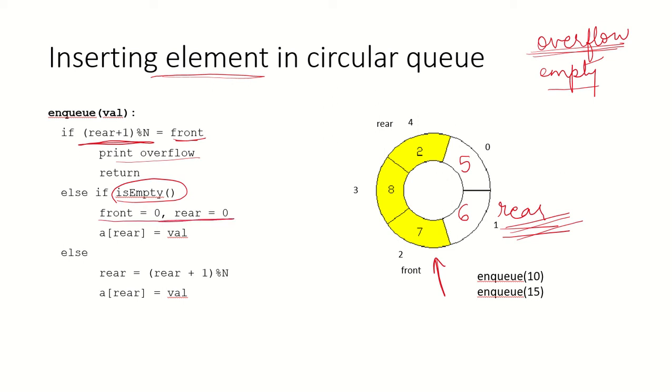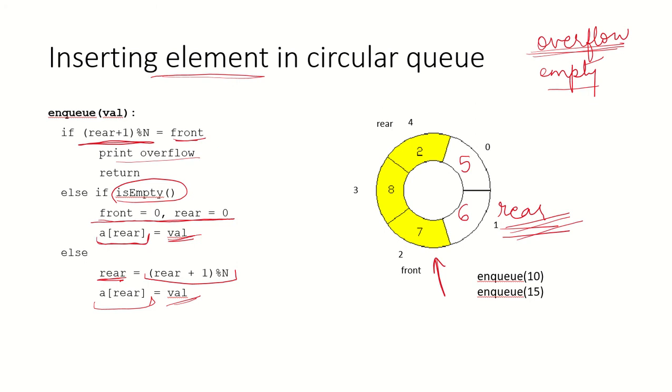Front and rear both are initialized to 0, and at the subscript of rear we add the element that we wanted to insert. Else, if there is at least one element already present in the queue, we simply increment the rear to the next position. And what is the next position? Rear plus 1 modulus n, and insert the value at that particular subscript.